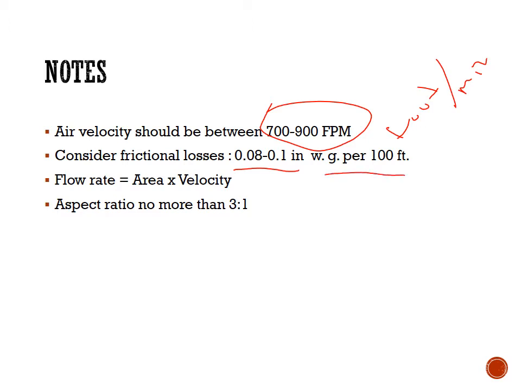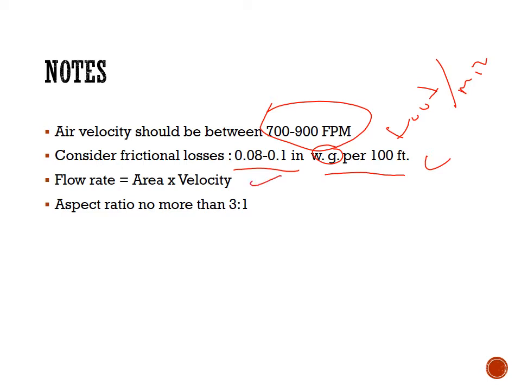Again, we said the pressure losses are also given in inches of water, so we want this much per 100 feet of duct work. We will talk about this calculation, but there are calculators that do that for you, and there are charts. The reason we don't want the air to go faster is because if it goes faster, it will encounter more friction.